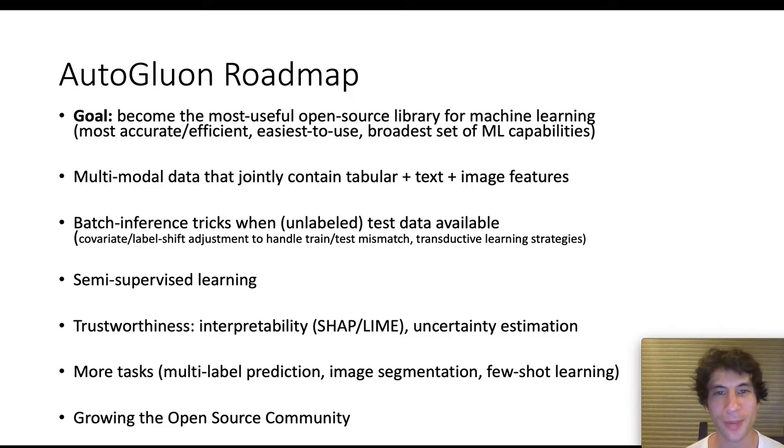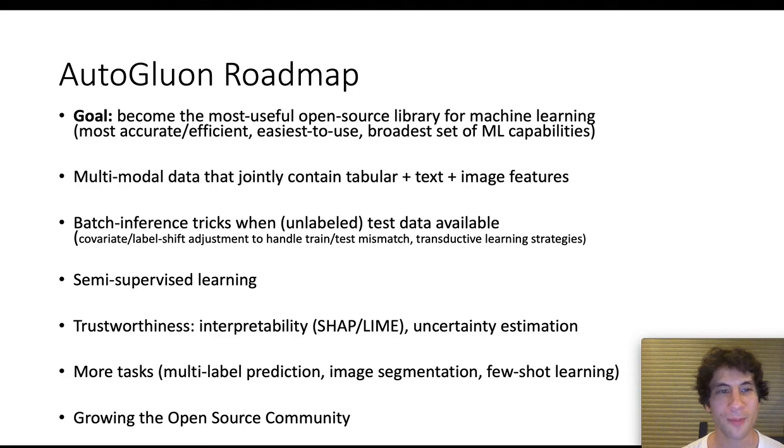For the roadmap upcoming for AutoGluon development in the coming months, our goal is really to become the most useful open source library for machine learning, meaning it's the most accurate and the fastest, but also the most user-friendly and easiest to use, meaning you can write as little code as you want and just get accurate models, but if you want to customize it, you can to your heart's desire. We also want it to provide the broadest set of ML capabilities across all kinds of different data types and different kinds of prediction tasks beyond just standard classification and regression.